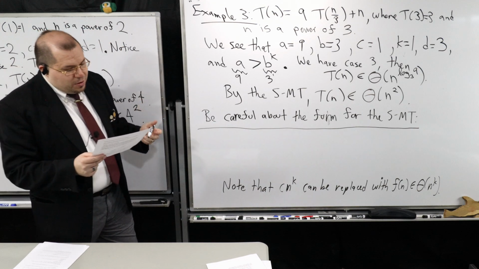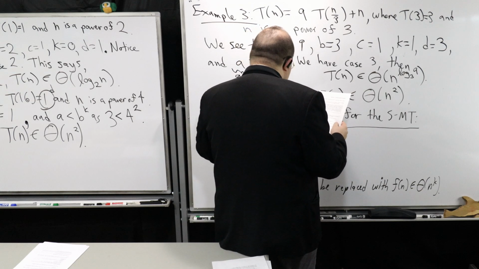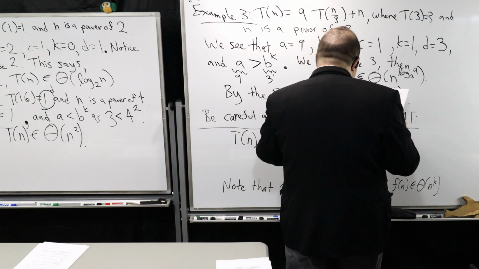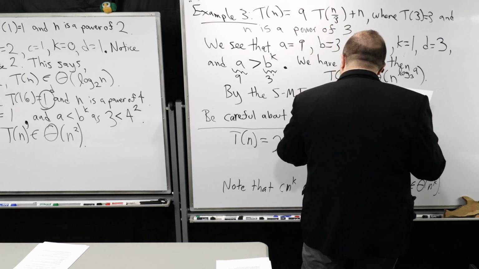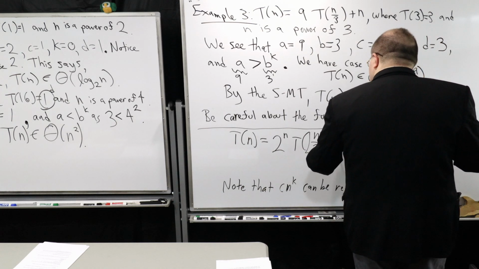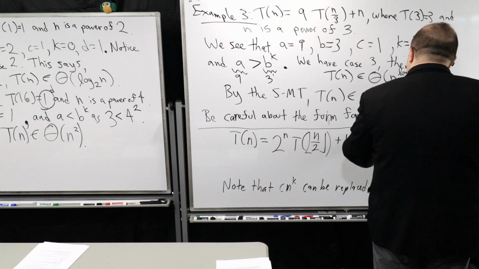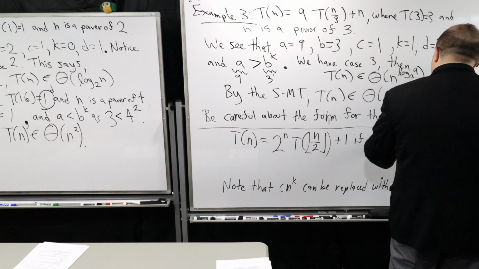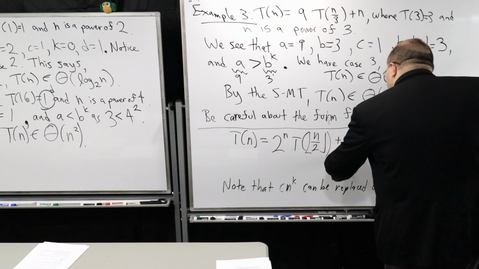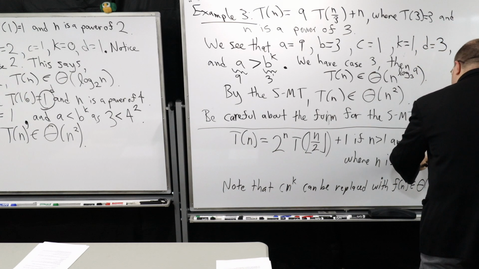So for example, if I give you a recurrence that looks like this: T of n is equal to 2 to the power of n times T of floor of n over 2, plus 1 if n is greater than 1, and T of 1 is equal to 2, where n is a power of 2.